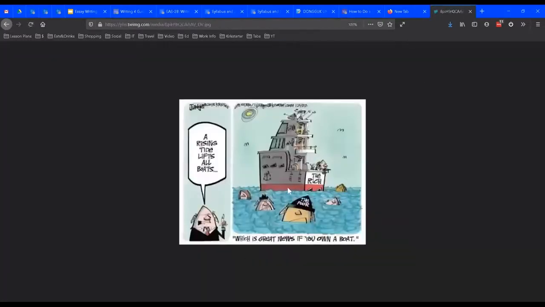Okay, so this is the rich guy, and he's saying a rising tide lifts all boats, and he's got a nice big boat here, and everybody else doesn't have a boat, right? So the idea is that if everyone has a boat, so the tide is the water that goes in and out.